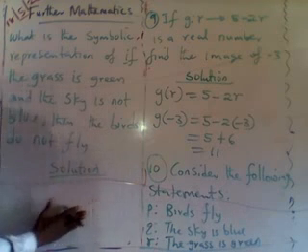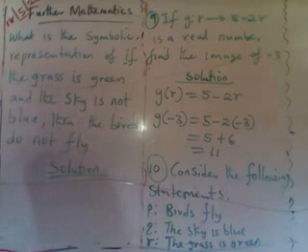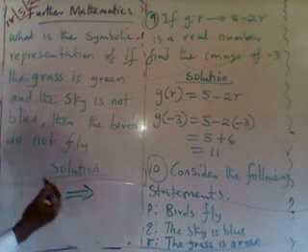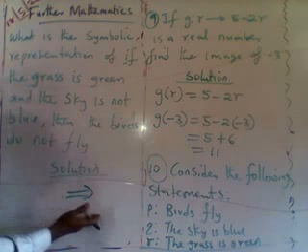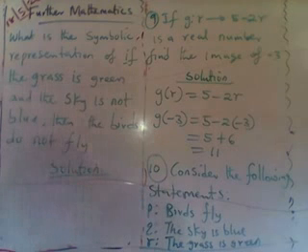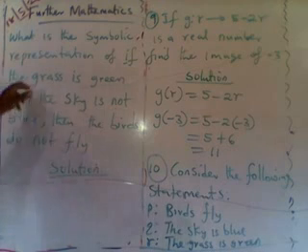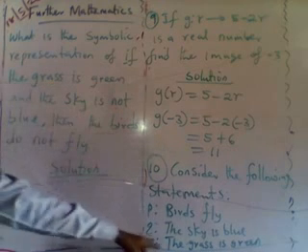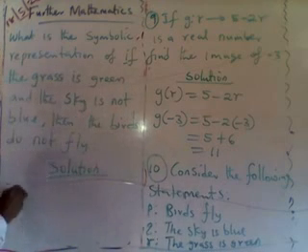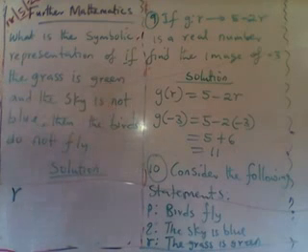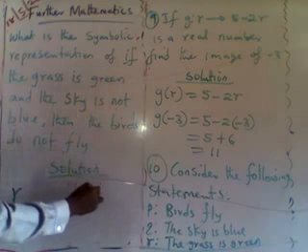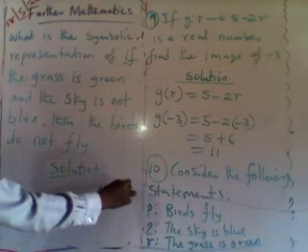Don't forget, 'if, then' is an implication statement, while 'if and only if' is a biimplication. But when they say 'if, then', of course this is an implication. So we are told that the grass is green, which is R. And, don't forget, 'and' is a conjunction while 'or' is a disjunction.